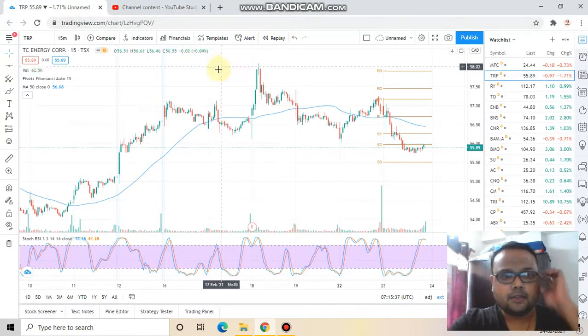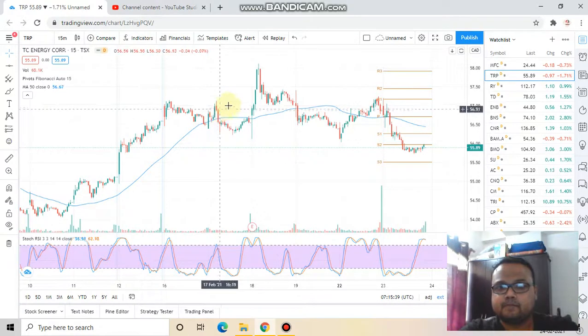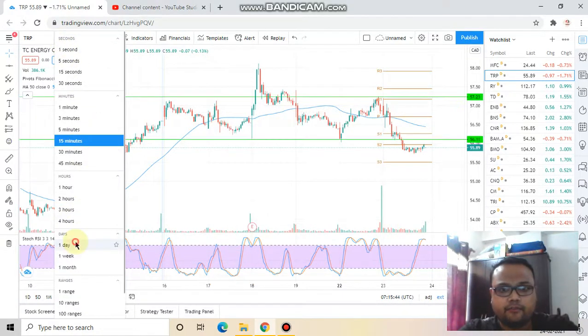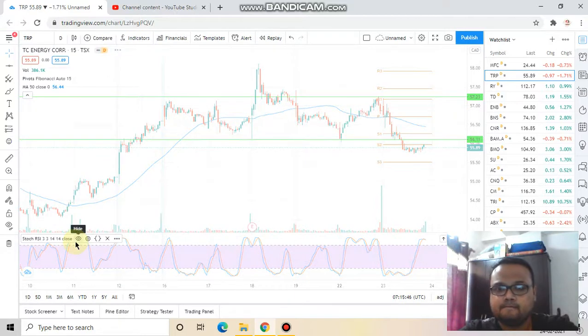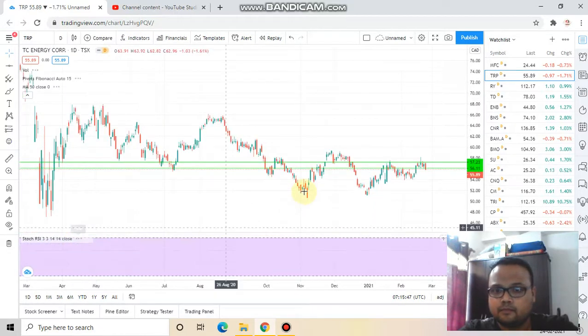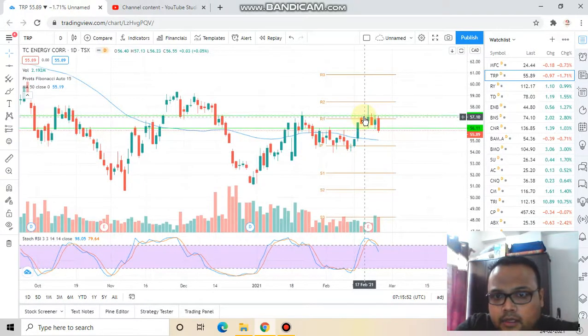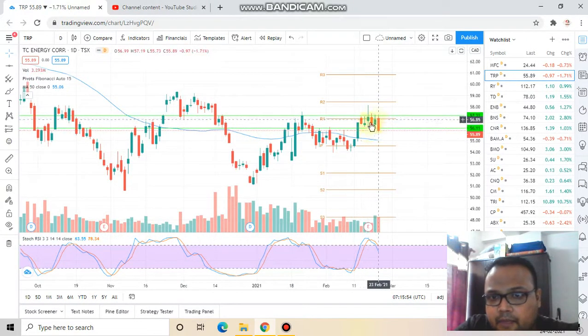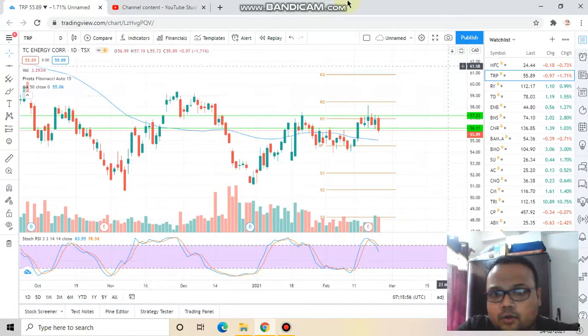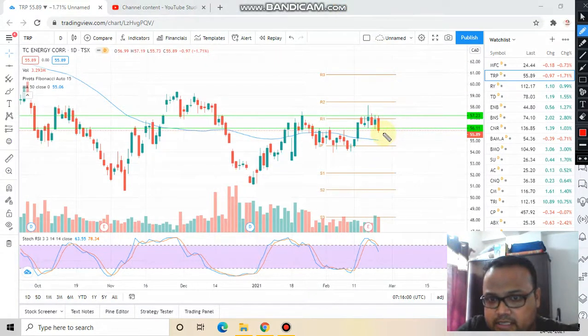Okay, so TC Energy. For TC Energy, we'll be switching to the 1 day time frame. Yesterday, it made a big red candle. Okay, so what will be our strategy? Okay, no buying position for TC Energy today.